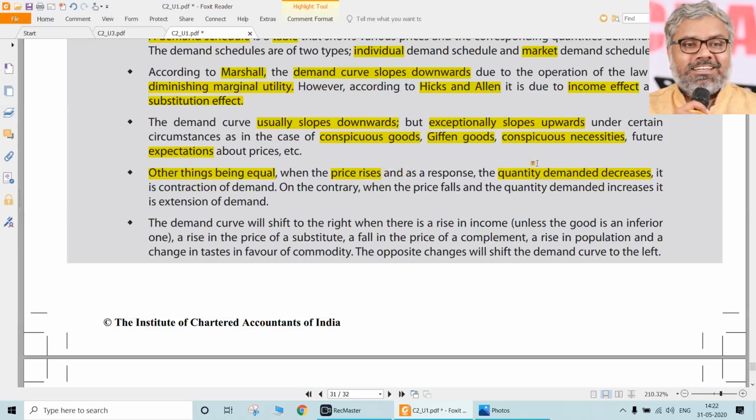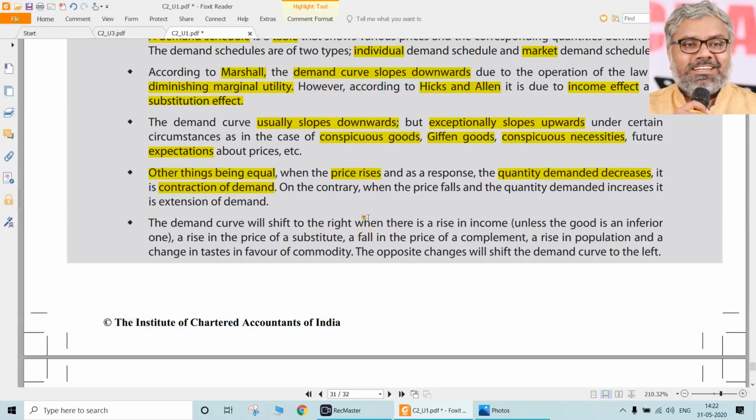So price changes, quantity demanded also changes. If the price increases, quantity demanded decreases, and we call that contraction of demand rather than decrease in demand. This is where we have to be a little pragmatic about understanding these words. These are just words.